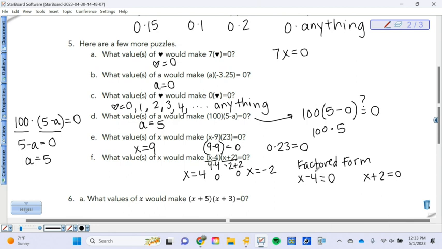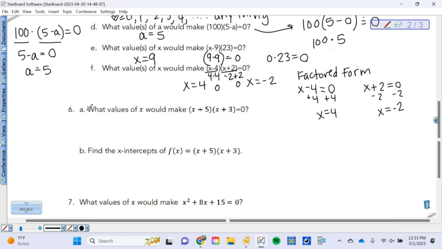Okay? And again, some people can just see that. I see x minus 4 equals 0. That means x has to be 4. We can also solve this, right? If I add 4 to both sides, I also find out that x is 4 that way. -2, x equals -2. Okay? So then same logic, same kind of thing that we're doing here.